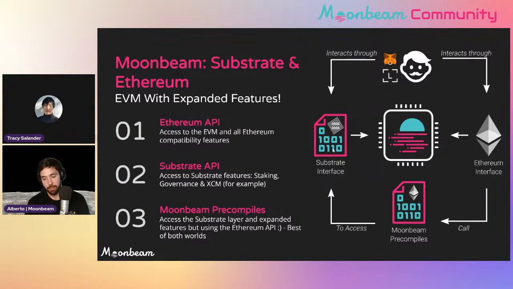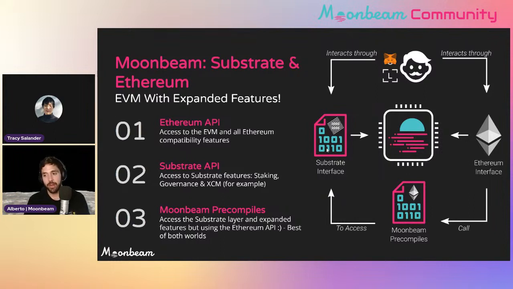And this allows you to build, for example, smart contracts on top of Moonbeam governance, on top of Moonbeam staking, on top of Moonbeam's XCM. So you can have smart contracts that use XCM to communicate with other blockchains in the Polkadot ecosystem.